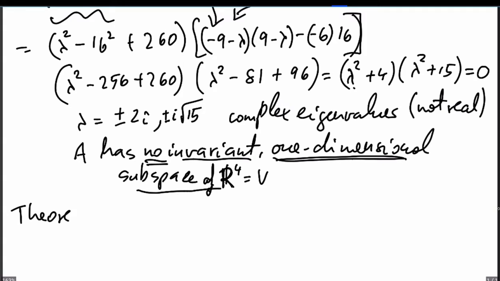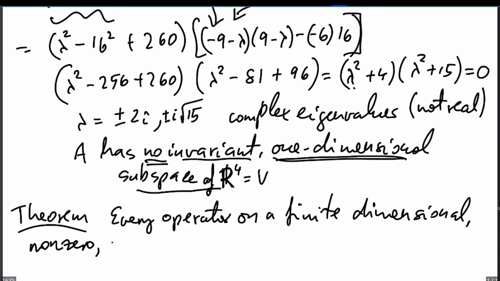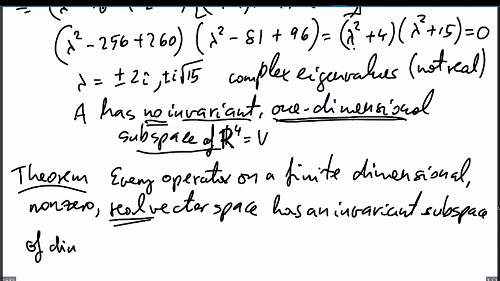This is the next theorem that says every operator on a finite dimensional, non-zero, real vector space has an invariant subspace of dimension 1 or 2.